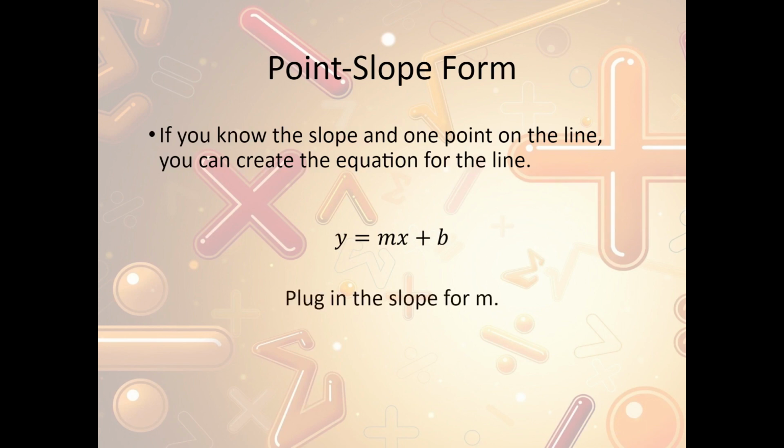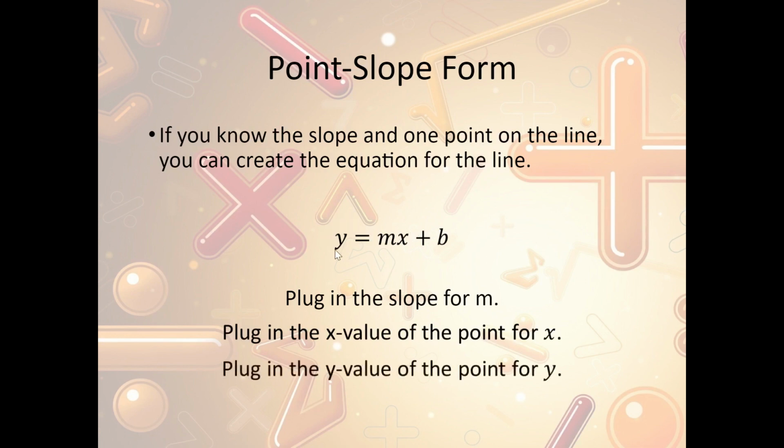So whatever slope is given to us, we plug that in for m. We're given some ordered pair, so we plug in the x value of the coordinate here, and the y coordinate here, and now we're left with only one variable, which is b, and we can solve for b and get the y-intercept.